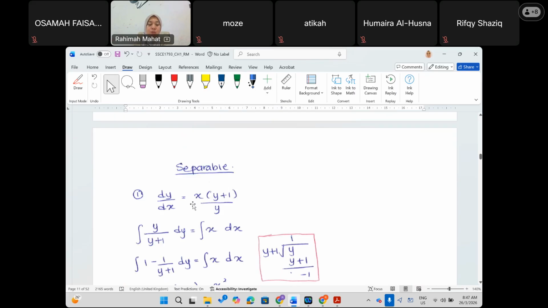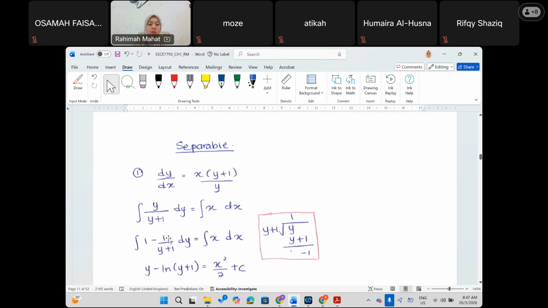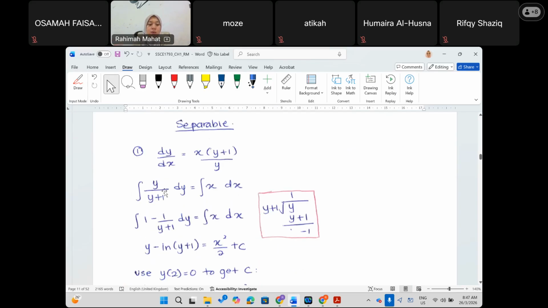So you separate between x and y, you put your y into one side and your x into one side. And then after that, this one is an improper function, so you need to get the proper function, y divided by y plus 1. So you get 1 minus 1 over y plus 1 here.